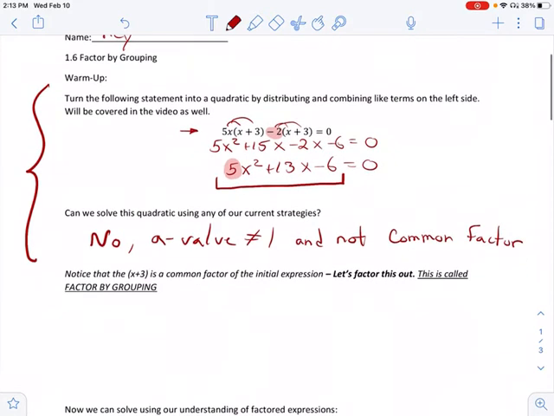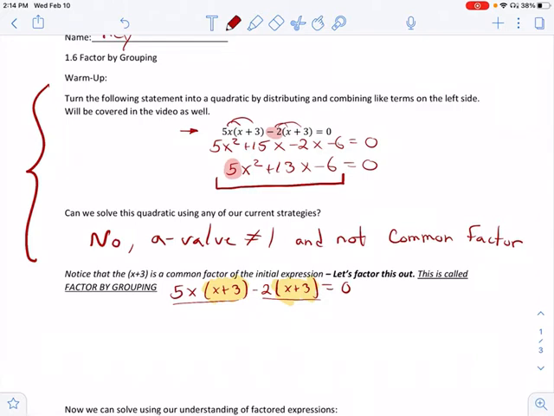So if I take a look at this, I have 5x times x plus 3 minus 2 times x plus 3. What I want to bring our attention to is that in both of these terms, I have two different terms here, this is a term and that is a term, I have this x plus 3 sitting there. That means it is a common factor of both.